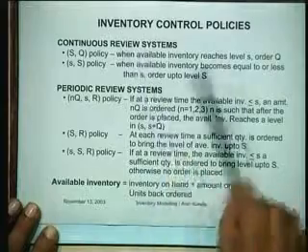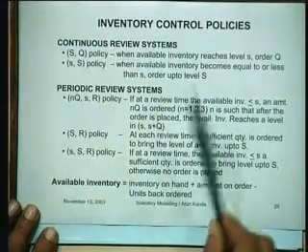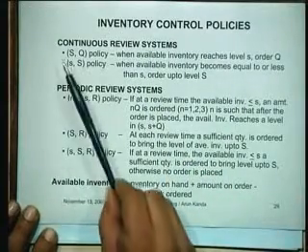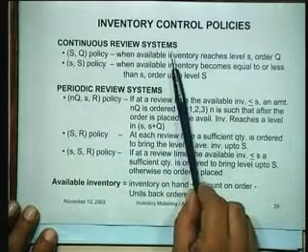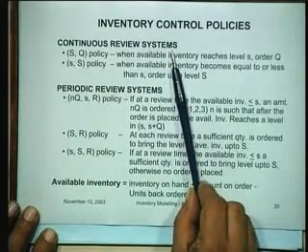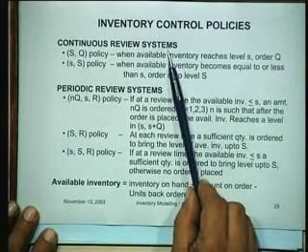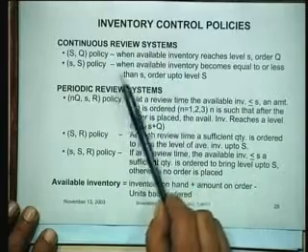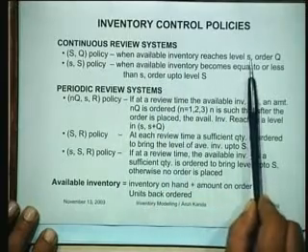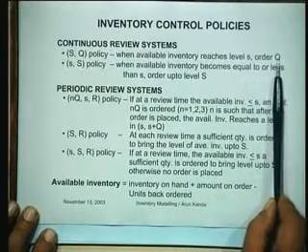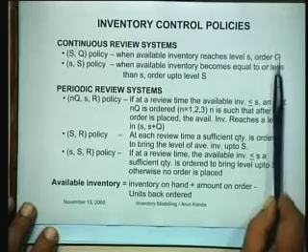Now, let's quickly look at some of these inventory control policies. As I indicated to you, one kind of policy is a continuous review system where you are constantly monitoring the stock, and whenever the inventory reaches a certain level S, you place an order Q, and Q is a fixed quantity.